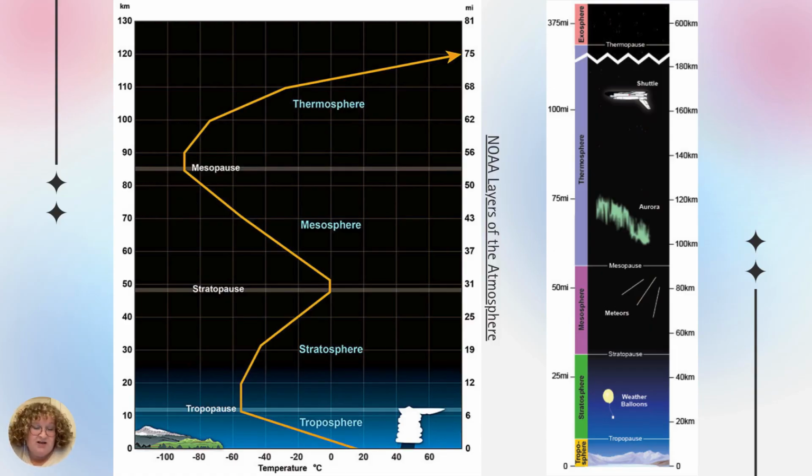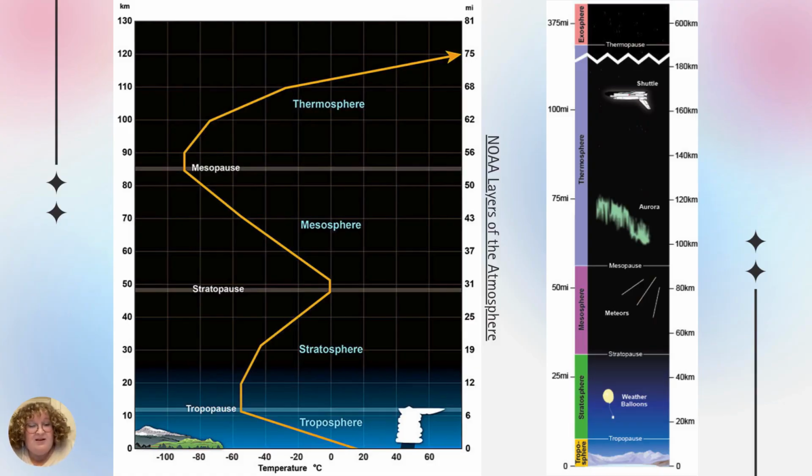Also in that image is an orangish line that represents temperature. You have temperature plotted there on the bottom of the depiction, right? And so as we go up in our atmosphere, in the troposphere, temperature decreases.